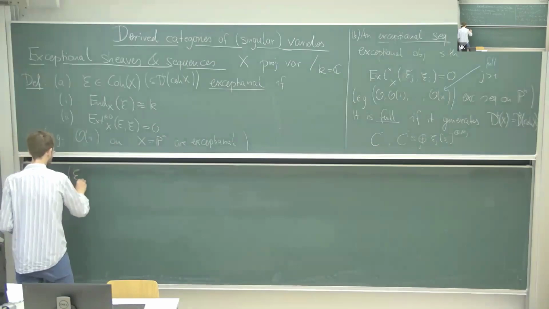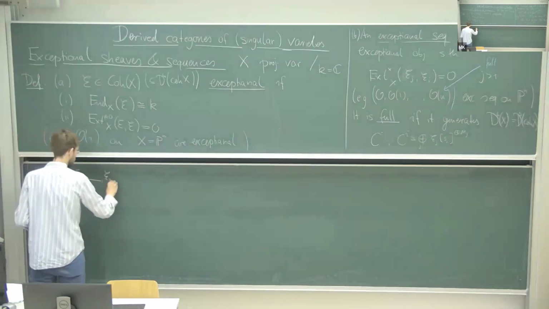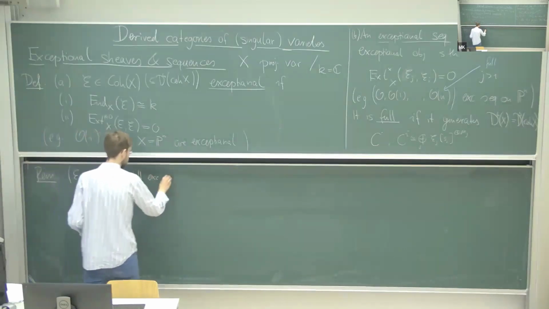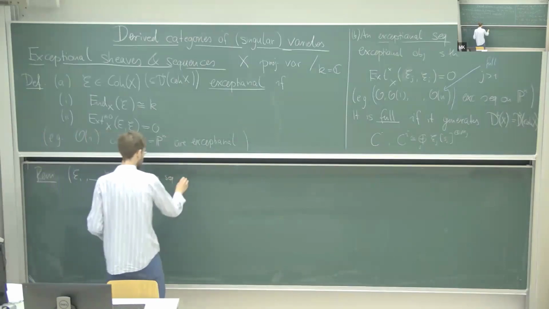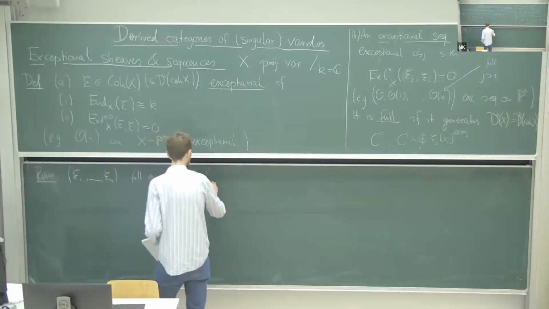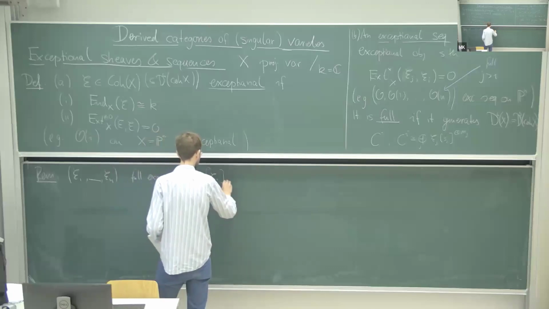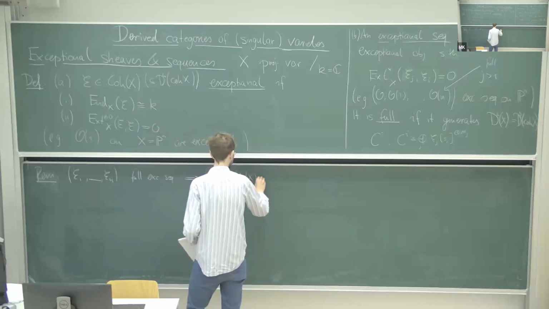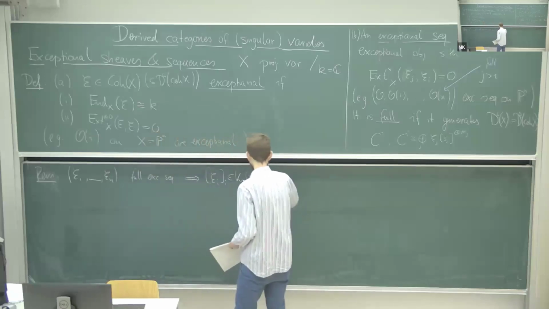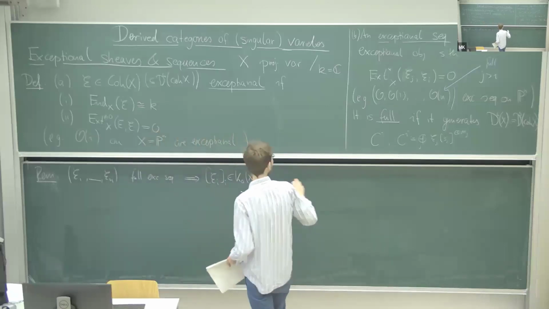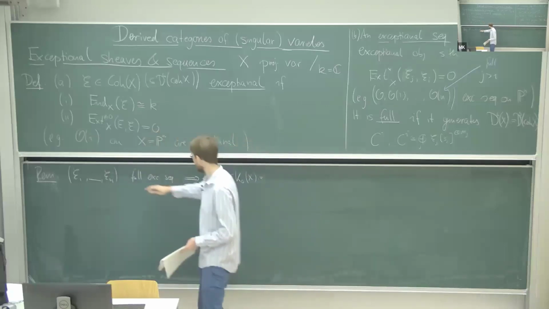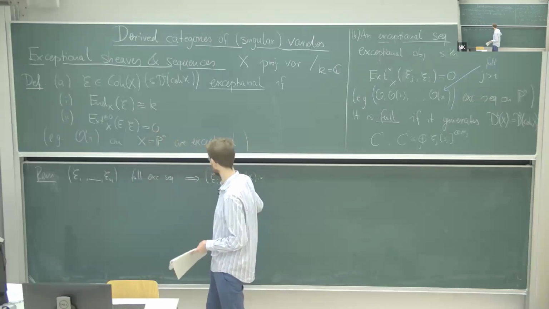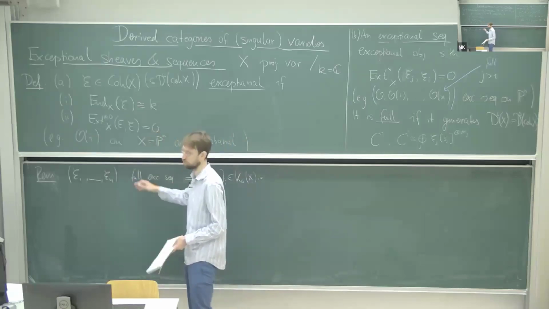If E1 up to En is a full exceptional sequence, then I can look at the classes of these Ei in the Grothendieck group of X. If I have a full exceptional sequence and X has only Gorenstein singularities, it already follows that X is smooth.